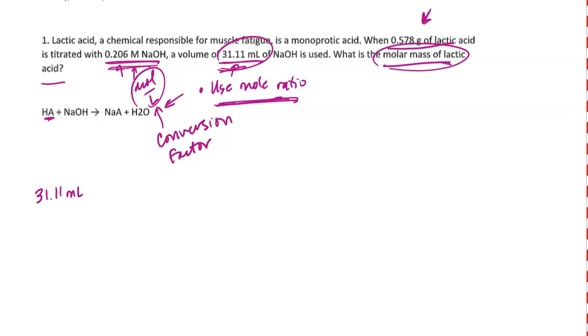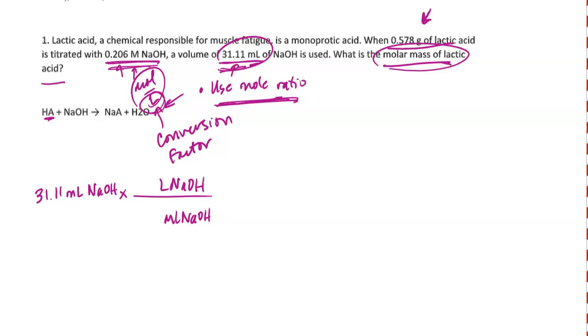31.11 milliliters of the sodium hydroxide. Now the first thing I need to realize is that this volume is in milliliters. I will eventually be using my molarity, which has liters in the denominator of its units, and so that means I'm going to have to convert these milliliters of sodium hydroxide to liters of sodium hydroxide first.